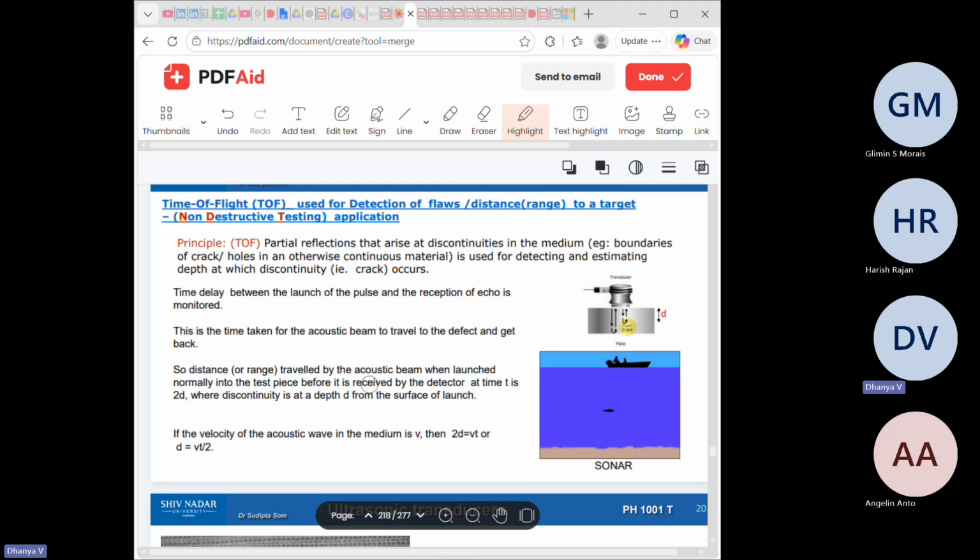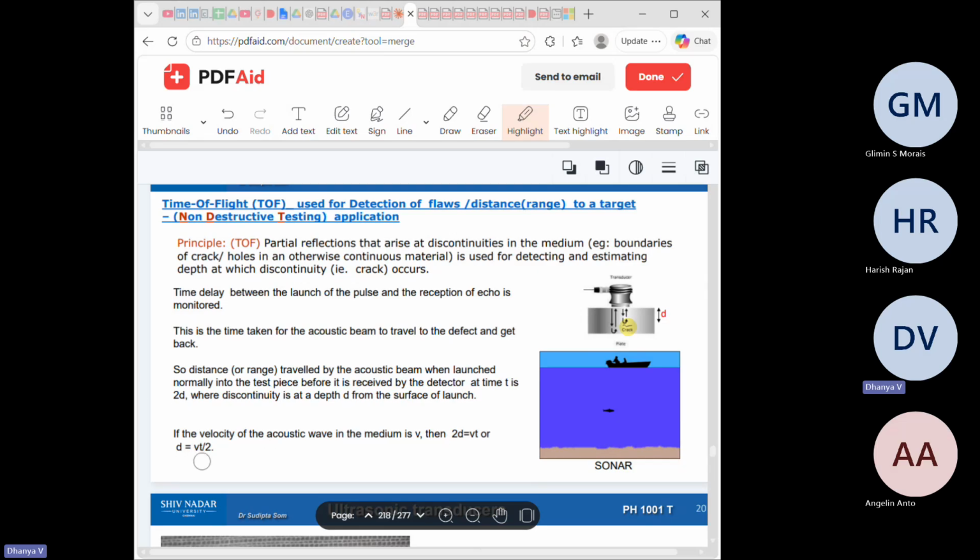The distance traveled by the acoustic beam, when launched normally into the test space before it is received by the detector at time t, is 2d. So one way, two way. If this distance is d, then you are traveling both ways, so 2d. And I told you before, d is equal to vt by 2 because it's 2d.